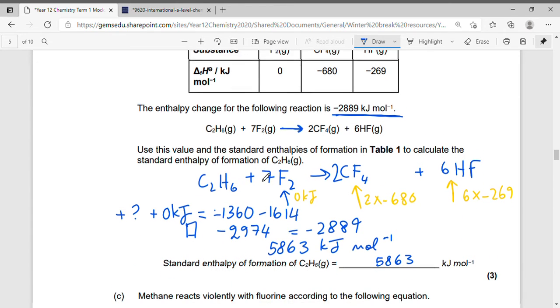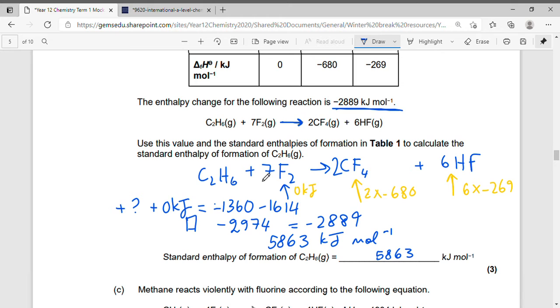So this entire side takes in 5863 kilojoules, but releases 2889's worth, and you get 2974. Sorry, 2974. It releases this much.